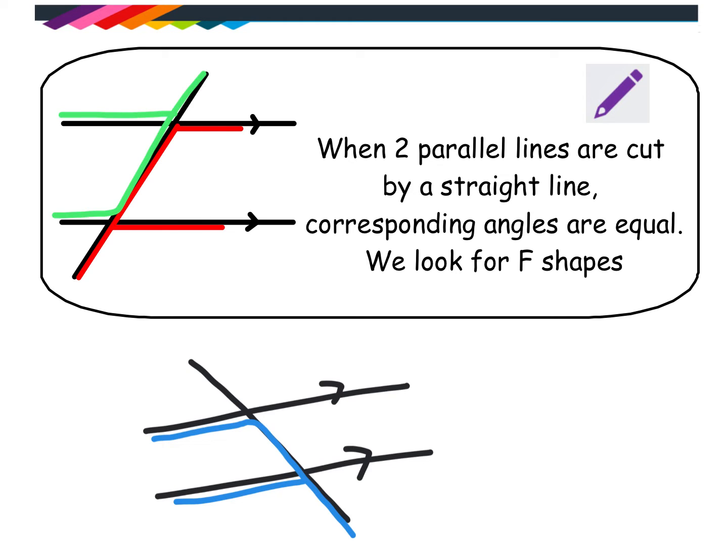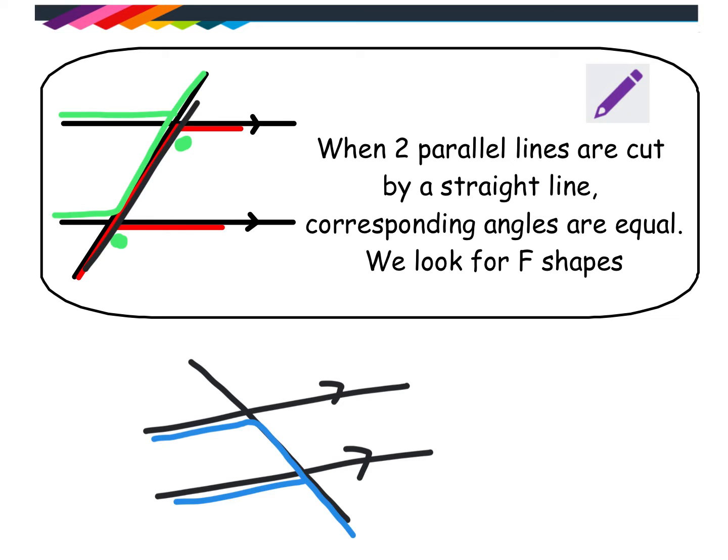Now what happens with F shape angles is the ones that are corresponding are the ones that match up together and they are in the same position, for example, directly below the parallel line and to the right. So these ones I've shown with the green dots are corresponding angles. Look at the positioning of them. They're both directly below the parallel lines and they're both to the right of this big intersecting line.